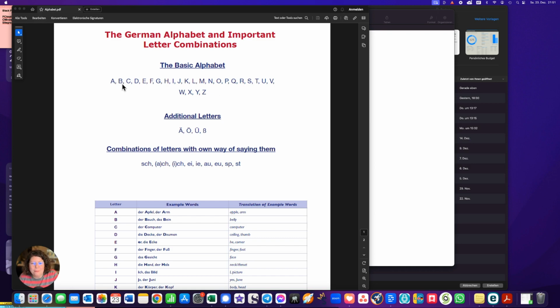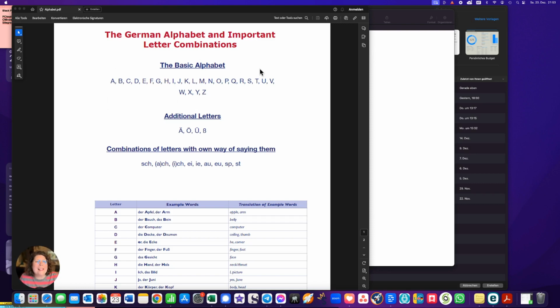A, B, C, D, E, F, G, H, I, J, K, L, M, N, O, P, Q, R, S, T, U, V, W, X, Y, Z. Okay, cool.